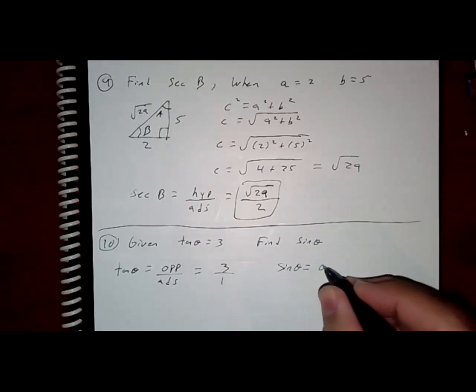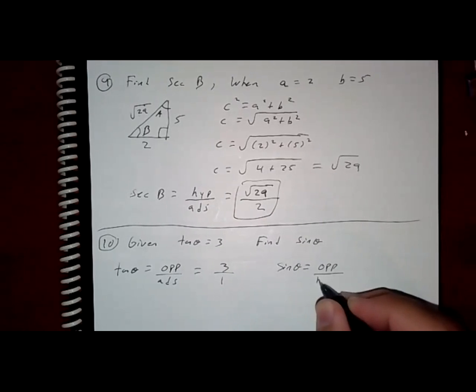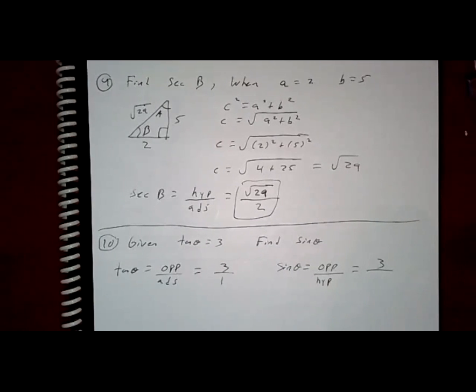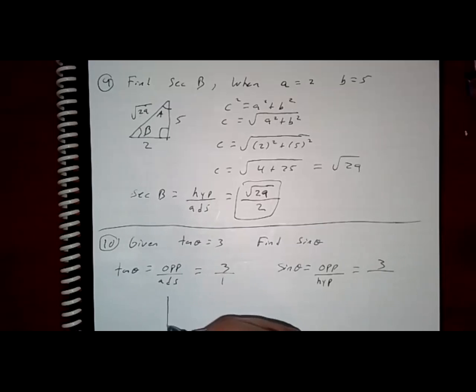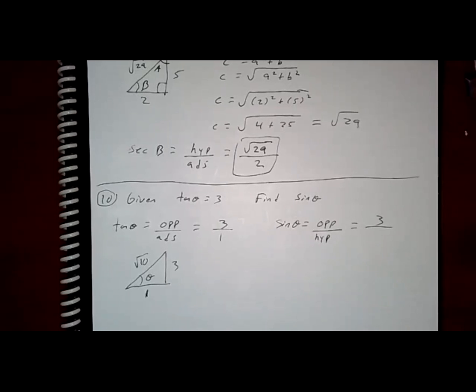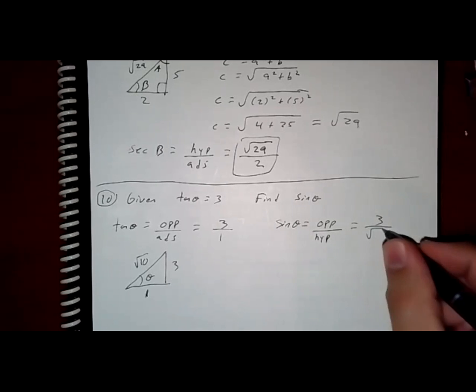Sine is equal to opposite over hypotenuse, so we know it's going to be 3 over something. We can draw the triangle to help us out. Let's say theta is right here, so opposite and adjacent are right there. 3 squared is 9, 1 squared is 1, so the hypotenuse would be square root of 10 by the Pythagorean theorem.